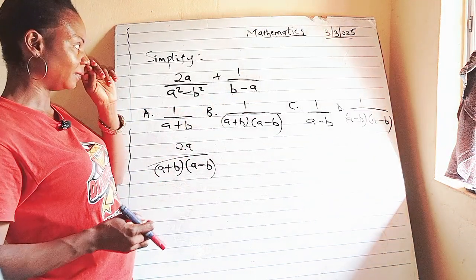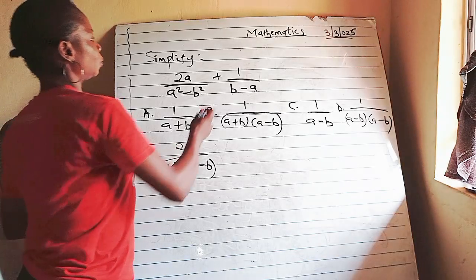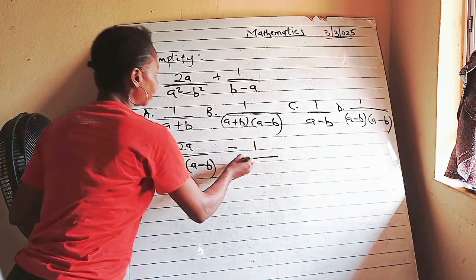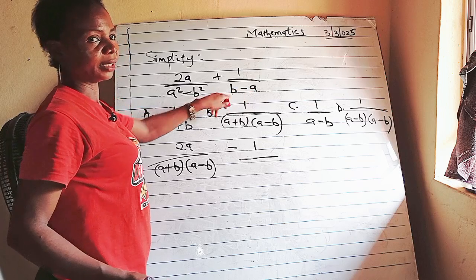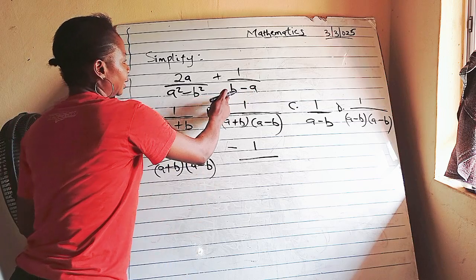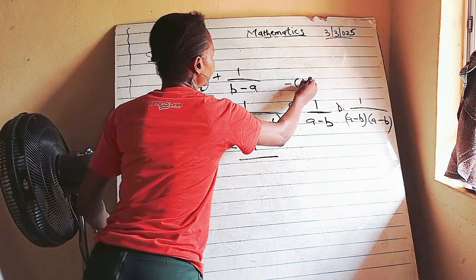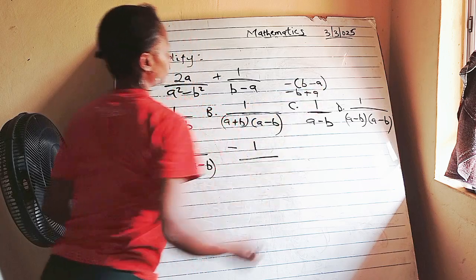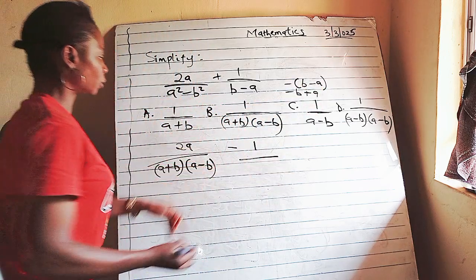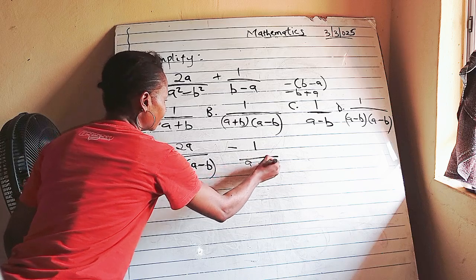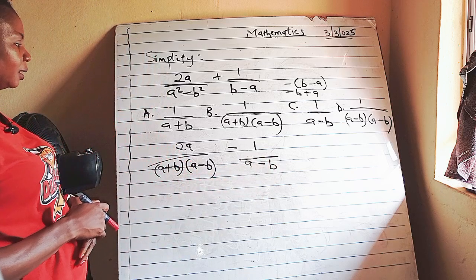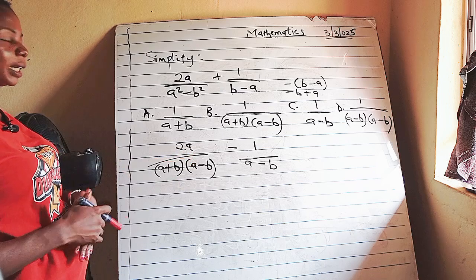We multiply the numerator by negative, giving minus 1, and the denominator by negative, so minus times (b minus a) gives minus b plus a, which is a minus b. So we've achieved this.